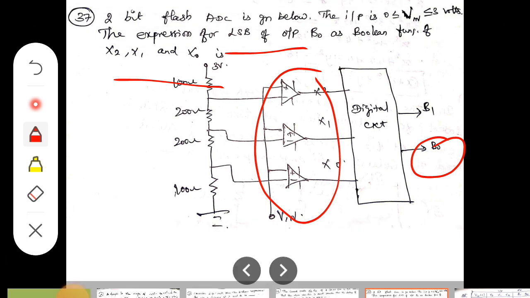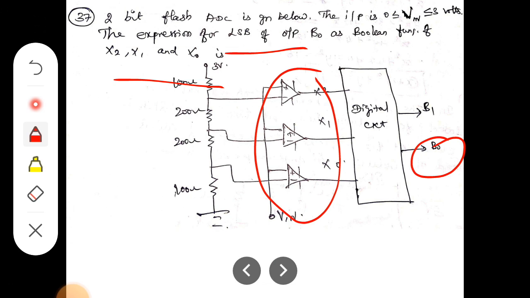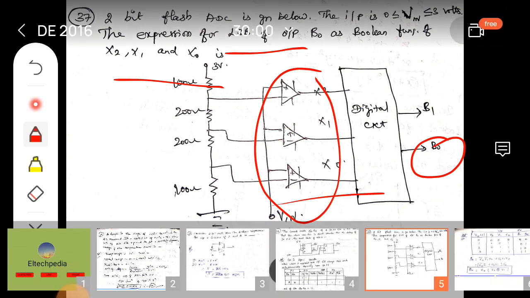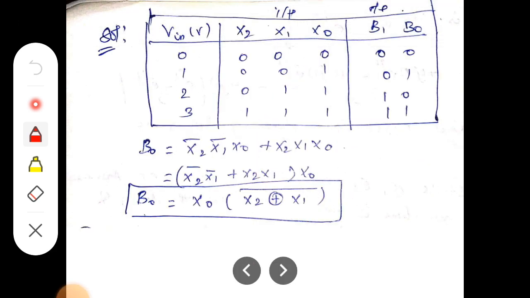So in this case we consider input and output. We want only the function of the B0 value.